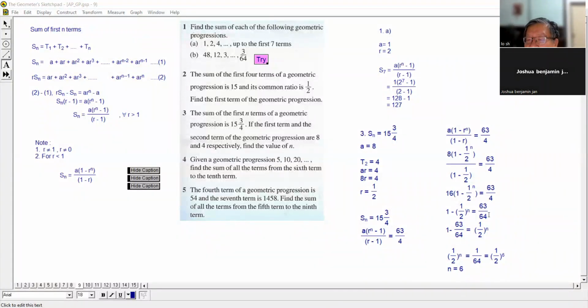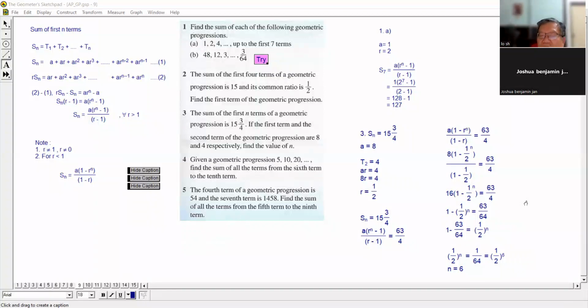Then 63 over 64, I move to the left-hand side. So 1 minus 63 over 64 is actually 1 over 64. This one, you can just leave as 1 over 2 to the power n.